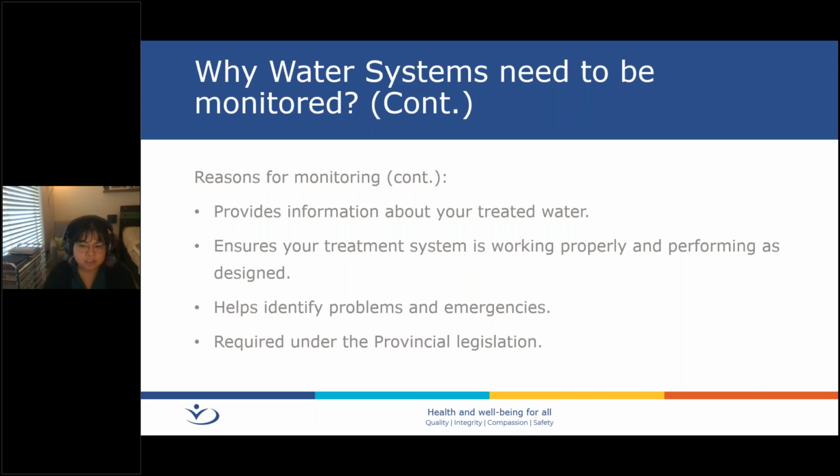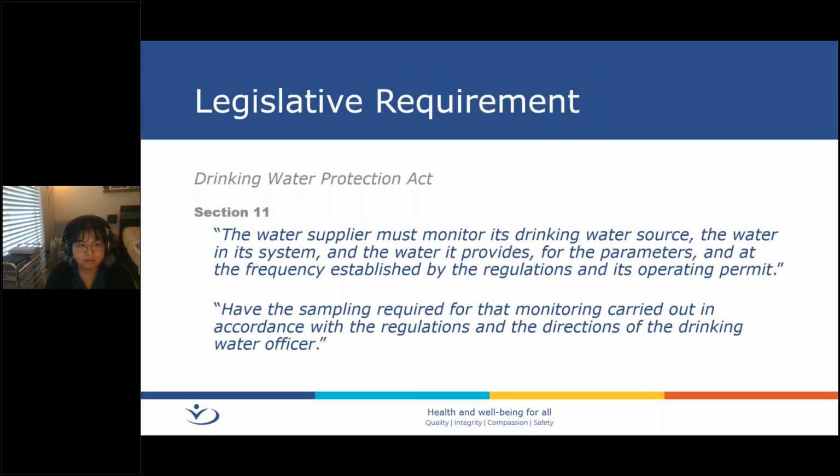And also, it is the responsibility of the water supplier to notify the public and drinking water officers of any water quality issues as mentioned earlier. So the minimum monitoring requirements are prescribed in the Drinking Water Protection Act and the Drinking Water Protection Regulation. So the water system design should enable the water supplier to effectively demonstrate compliance and meet good industry practices.